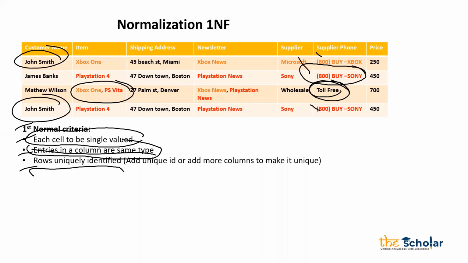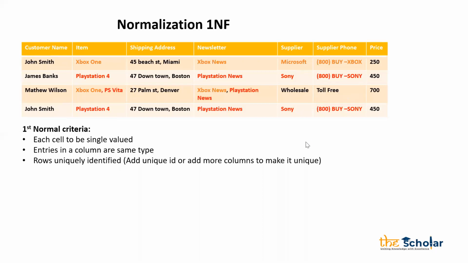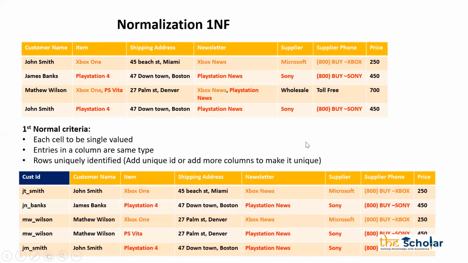So if I want to achieve that, what I have to do is create a table like this. Now let's try to understand the table here. First of all, each cell has a single value. The problem is with Matthew. You can see that we have two entries for Matthew. Second, entries in a column are of the same type.